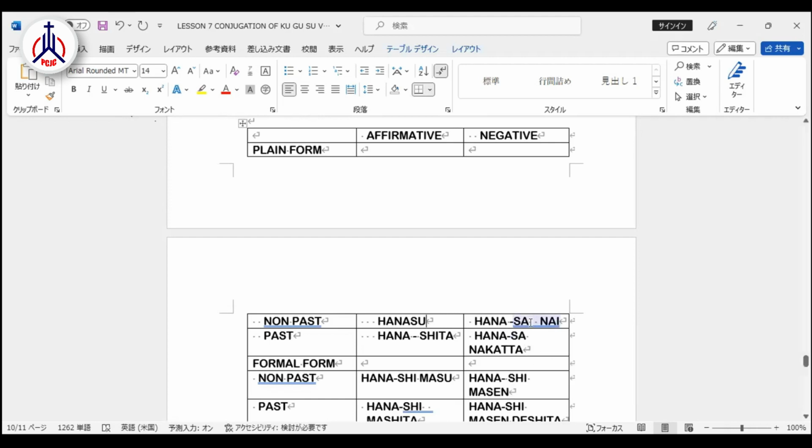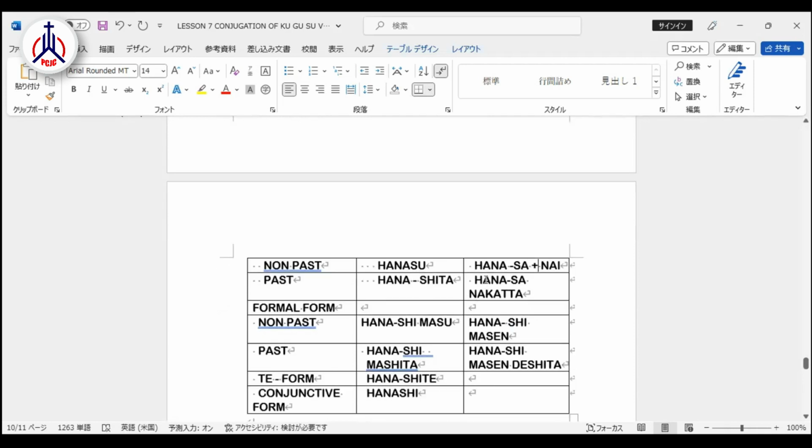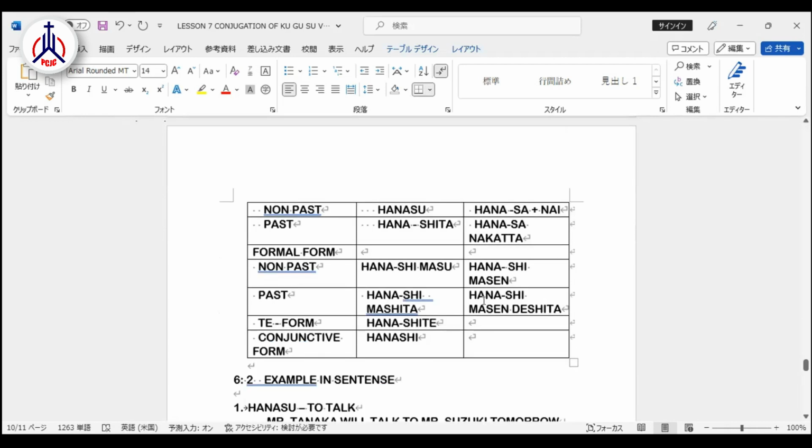Hanasanai. Okay, hanasu, change the su to sa and then add the nai. A series. And then the past is hanasanakatta.